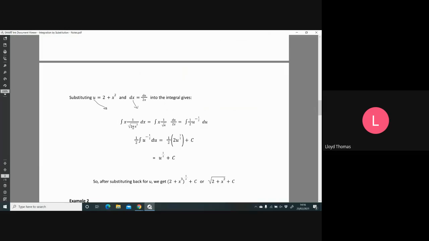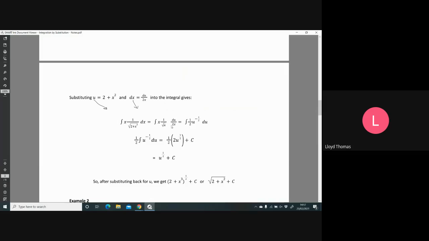So that becomes a u underneath there. dx is going to be replaced by du by 2x, or du over 2x. So you end up with this here. Now it's x times 1 over the square root of u, du over 2x.